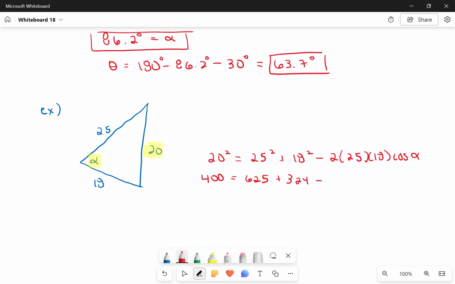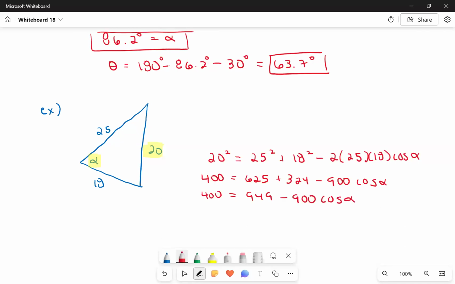And then 2 times 25 times 18 comes out to 900. Oh, sorry, that was where I got the 900. I looked up to see the work and saw 900, and I was like, 900? Nope. Happy I checked. Let's add the 625 and the 324 together. That's going to give me 949.